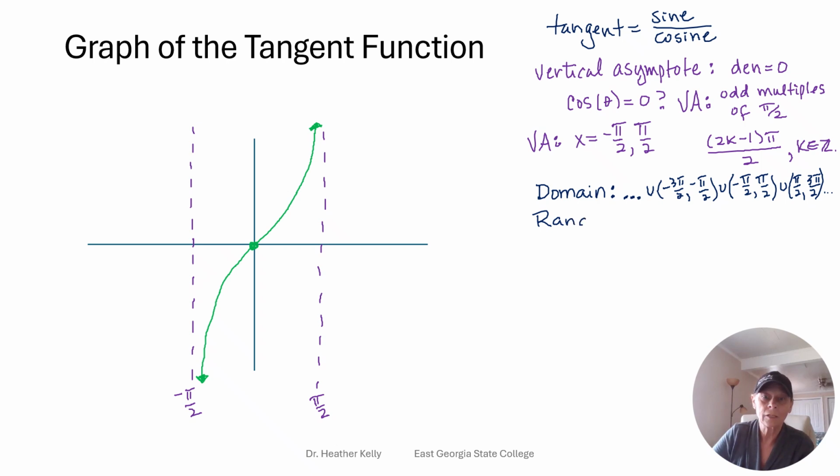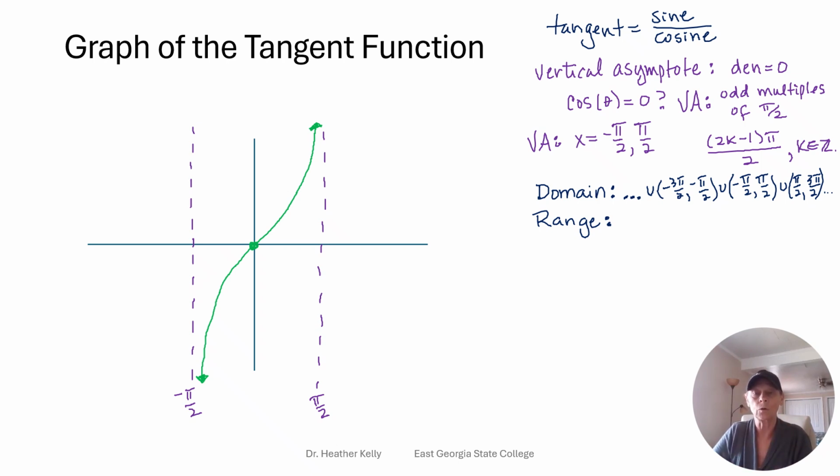Let's look at the range. Now, I had told you in an earlier lecture that I would explain more why the range is all real numbers when the range for all the other functions are much different, and why the period here is pi and not 2 pi. So if you look here at the graph, remember when you first started learning about range and domain, you learned how to kind of read it off the graph.